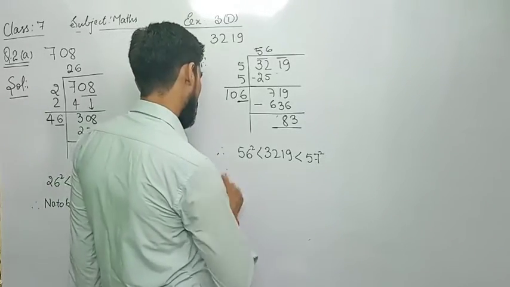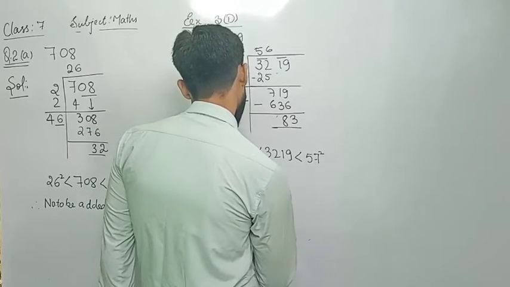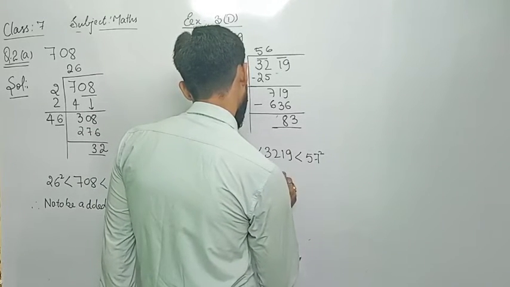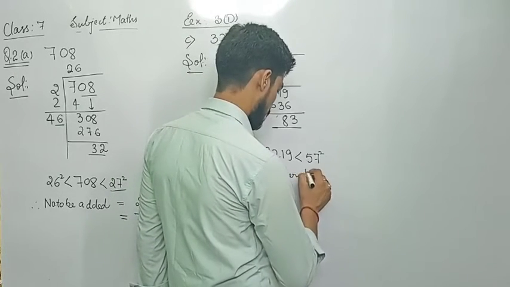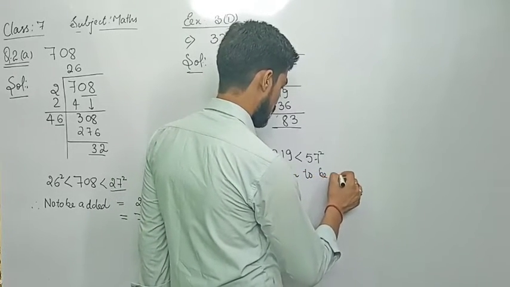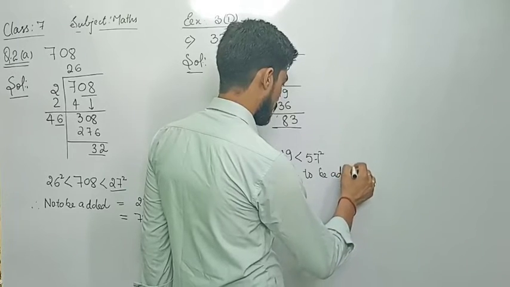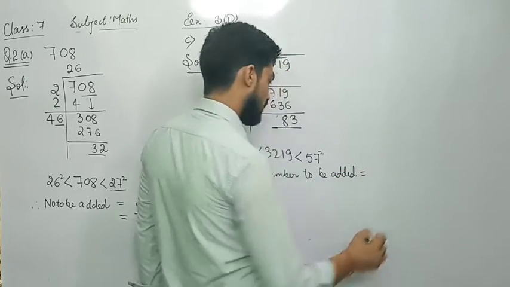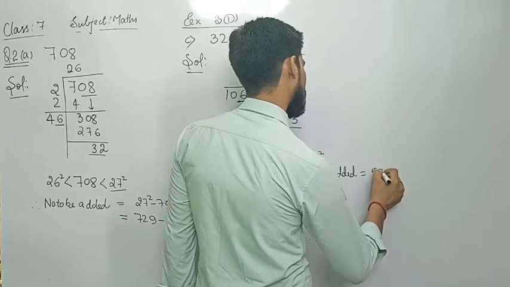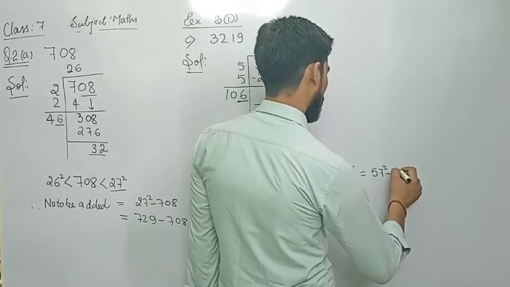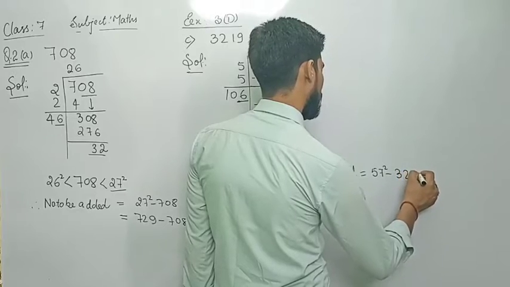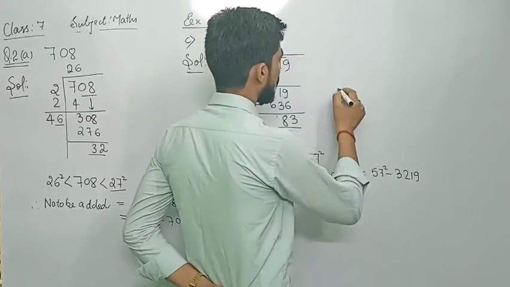Therefore, the number to be added is 57 square minus 3219. So find 57 square.